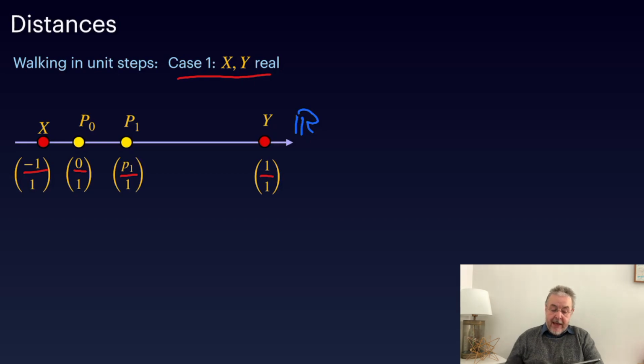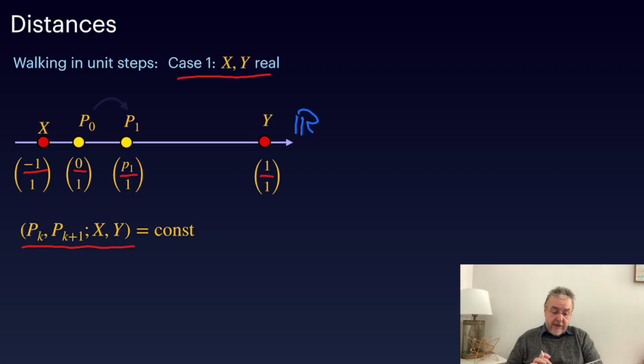Now what we want to do is consider a situation where we walk in unit steps. So I told you, you get the distance between 2 points by taking the logarithm of the cross ratio, and now we say, well, this magnitude should be identical along a whole sequence of points, which is the same as saying that the cross ratio itself is constant.